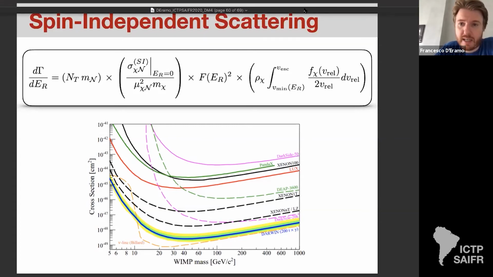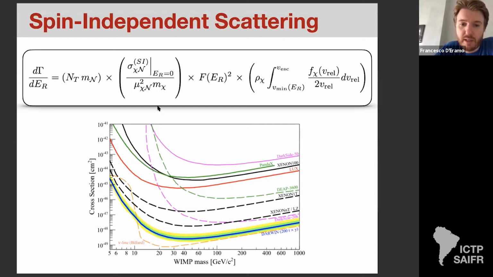This orange line is the so-called neutrino floor, the point where you have a background from neutrinos for those values of the cross section which is indistinguishable from the signal. At that point, you need to come up with some other idea. So this is the natural ending point of direct detection, at least the way I've been discussing today, which is the original way of doing that.